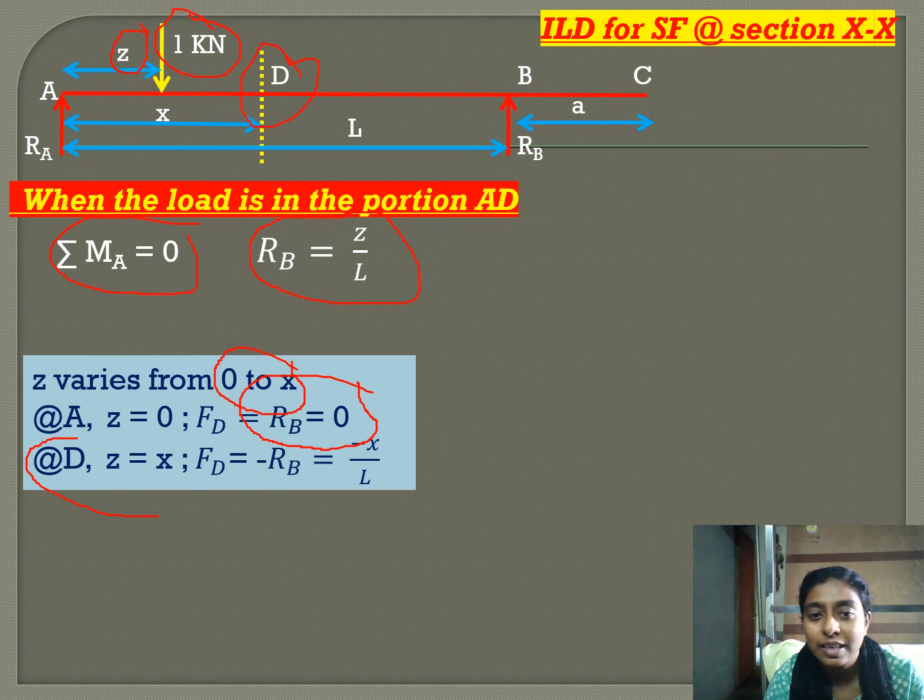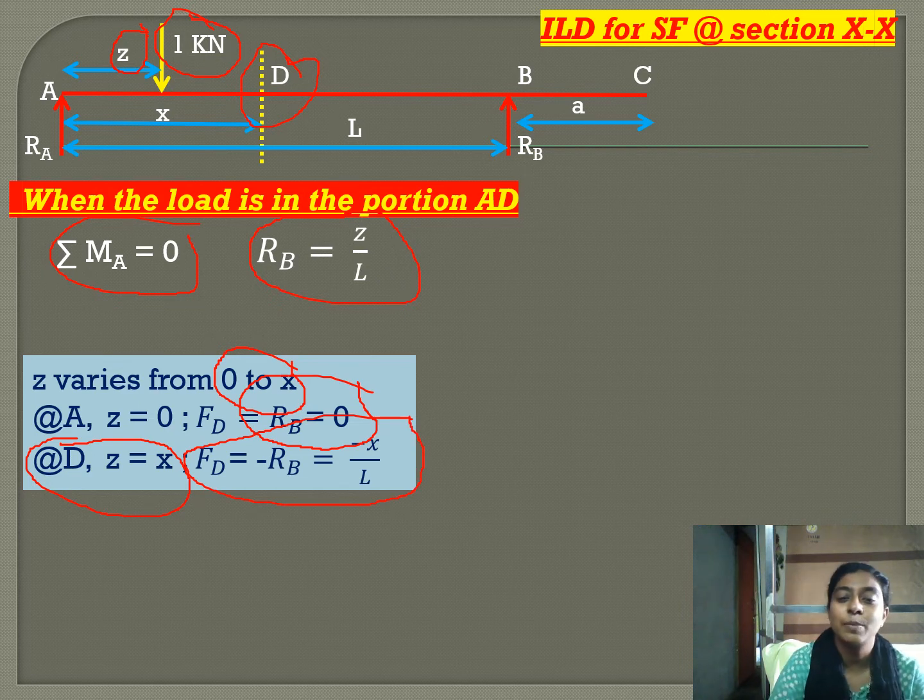Substituting Z is equal to X at D, we get the shear force at D is equal to minus RB is equal to minus X by L.